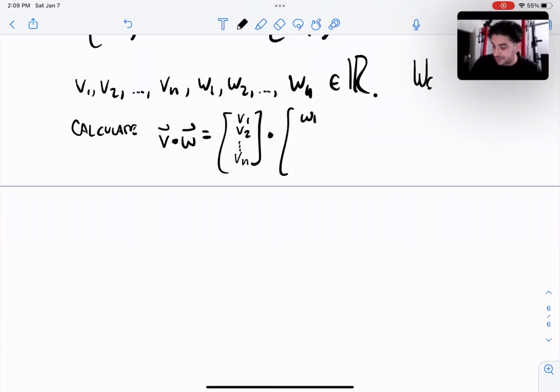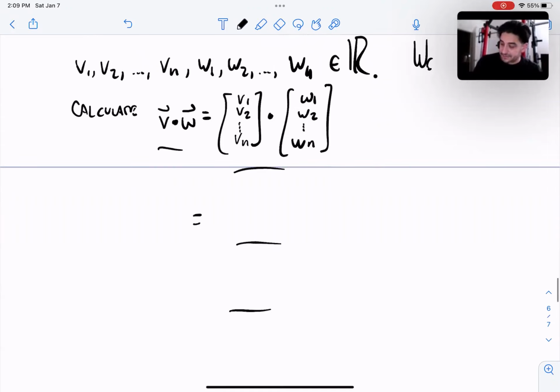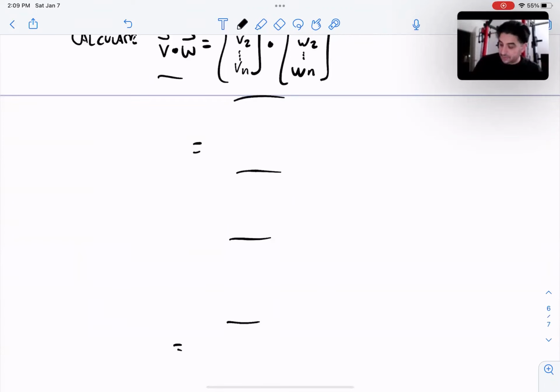I'm going to write one quantity, which equals another quantity, which equals another quantity, until I hopefully reach w dot v, until I reach the goal, the other side of the identity, right?